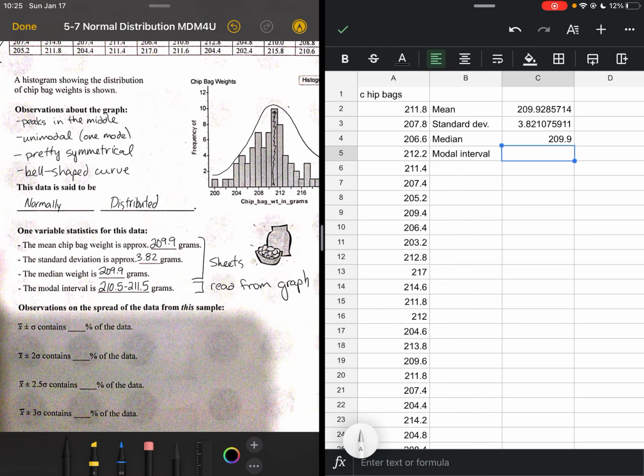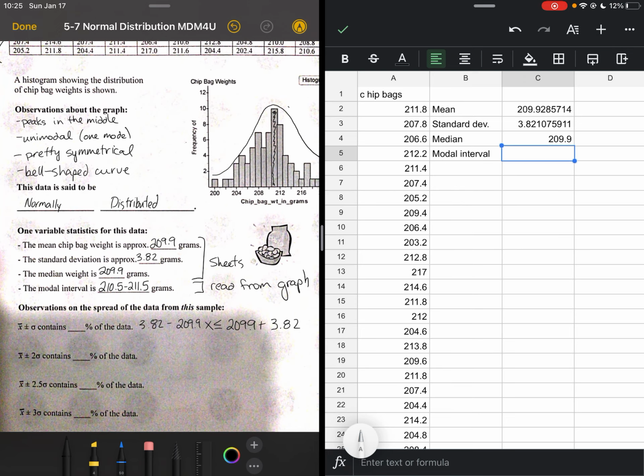So now we're going to continue investigating the spread of the data from this particular sample. So X within 1 standard deviation. So what percent of the data is that? So I've got X is going to be between my mean plus my standard deviation, or my mean minus my standard deviation.